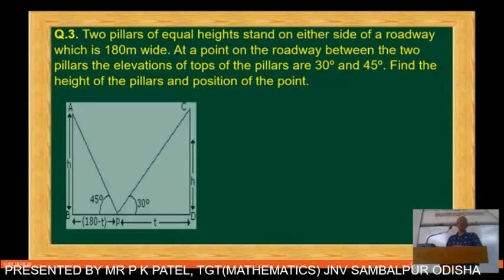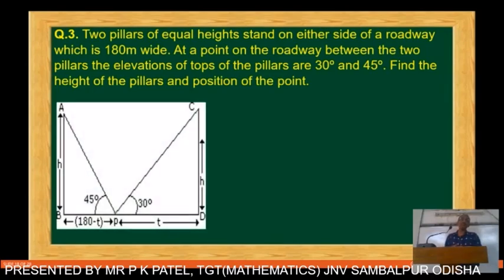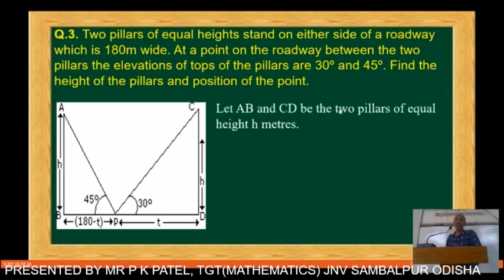So draw the figure. This is the figure of this problem. There are two pillars, AB and CD. AB and CD are the two pillars of equal height, H meters.